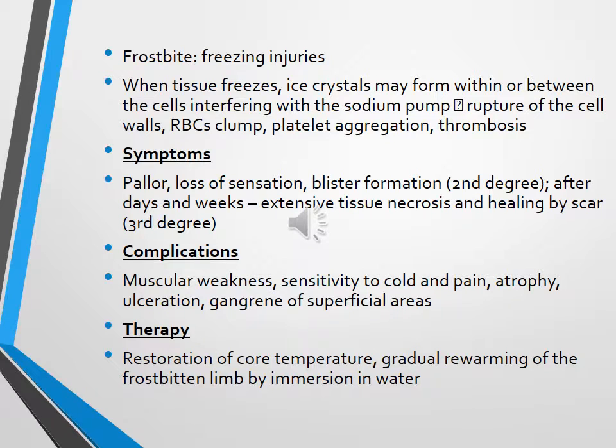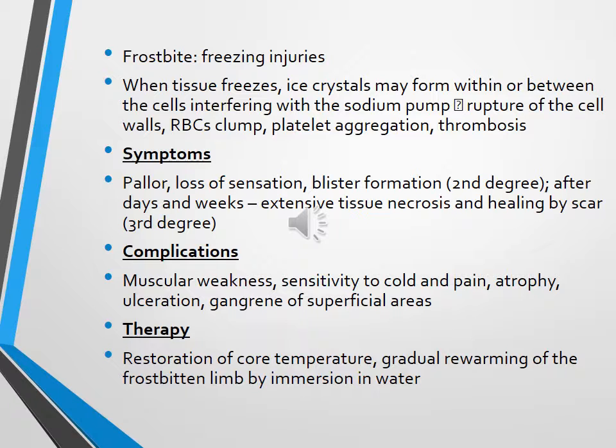Frostbite is freezing injuries. When the tissue freezes, it forms ice crystals between the cells. It interferes with the sodium pump, ruptures the cell walls. RBCs clump. They have platelet aggregation and thrombosis. Symptoms: you can have pallor, loss of sensation, blister formation is second degree.